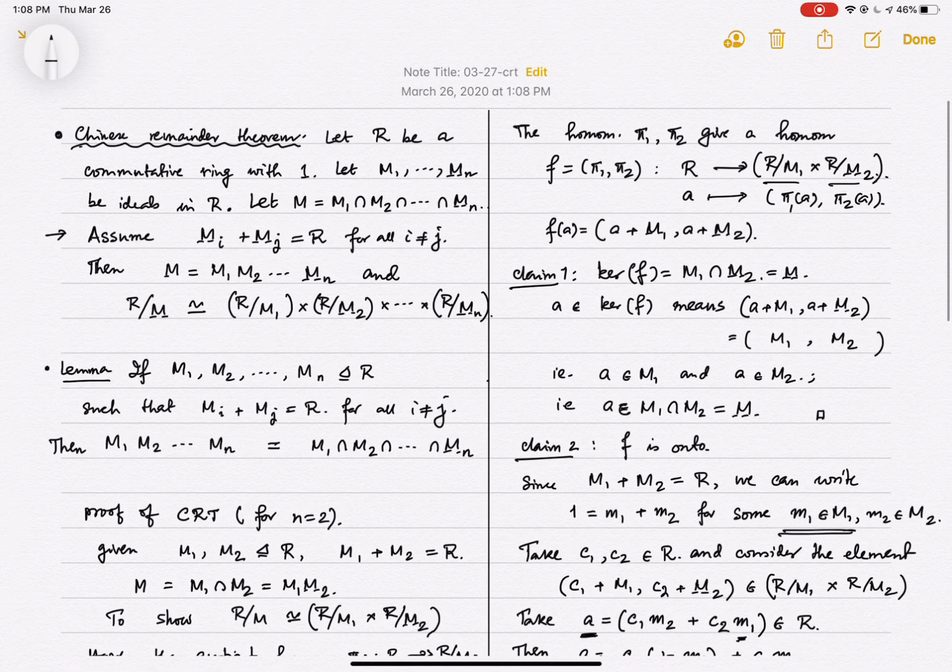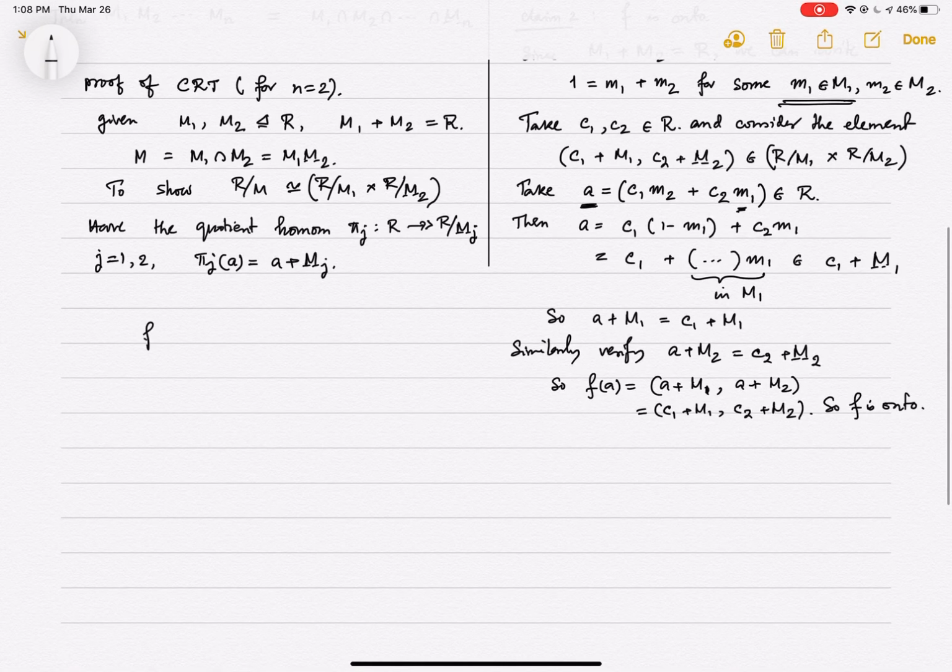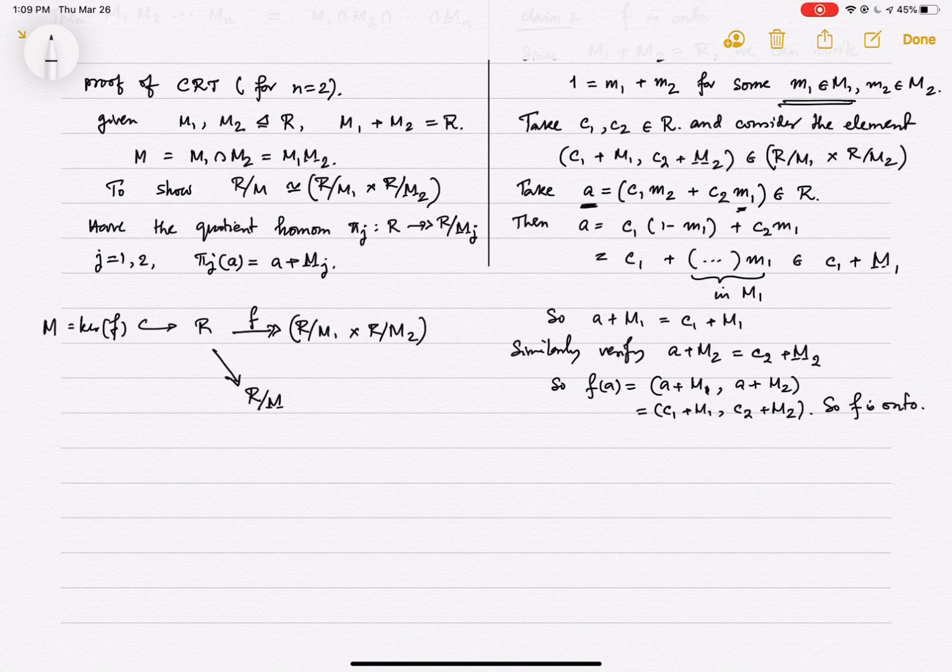So what have we got now? We have got ourselves an onto homomorphism to R mod M1 cross R mod M2, and the kernel of this homomorphism is exactly M. You have the quotient map to M. The kernel is also M. So you get an isomorphism by the first isomorphism theorem.